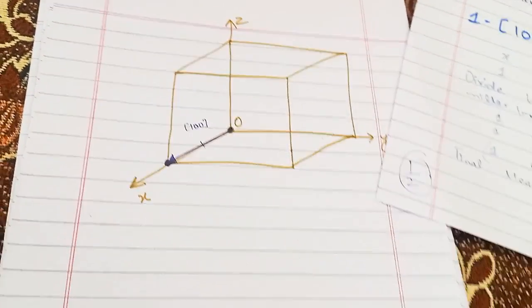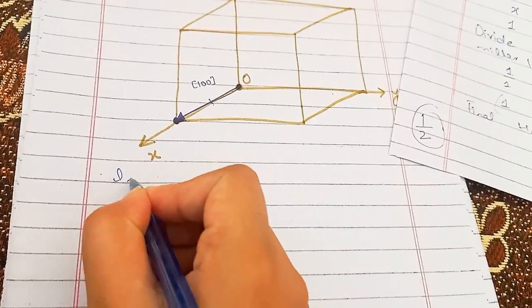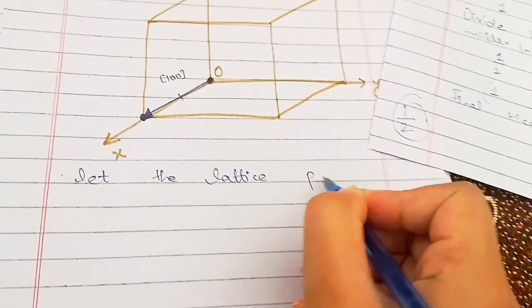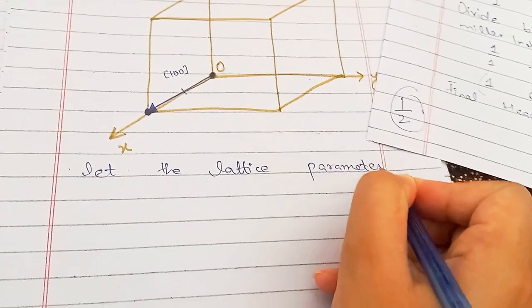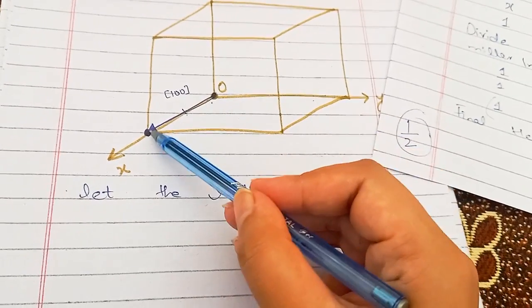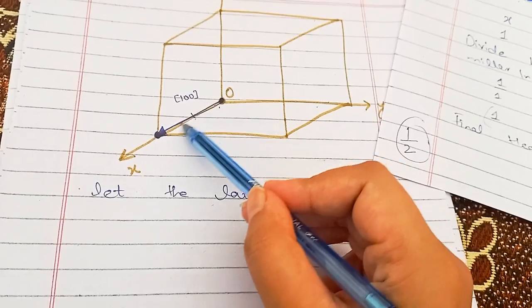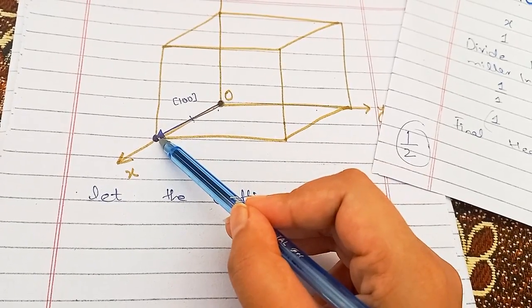Since it's a cube, let the lattice parameter be a. Lattice parameter means the cube length from one corner to the other corner along the axis directions.